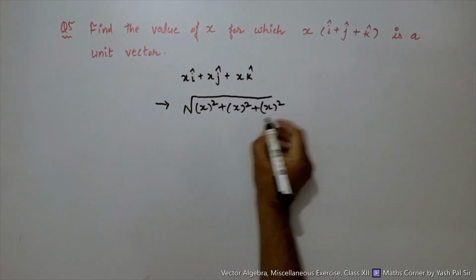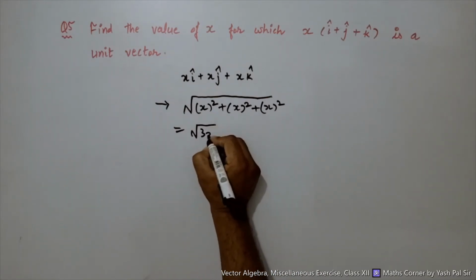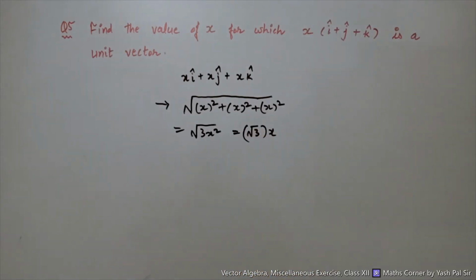Okay, so this is equal to square root of 3x squared. We can write it as square root of 3 into x.